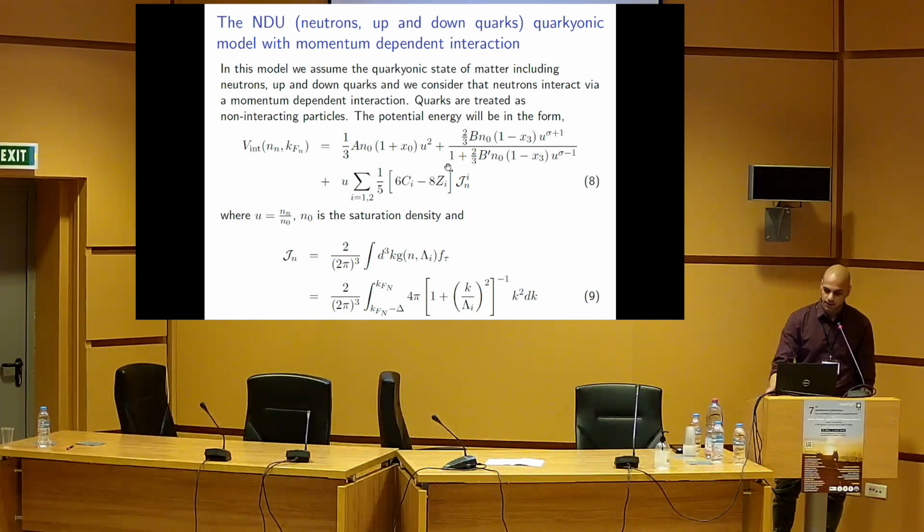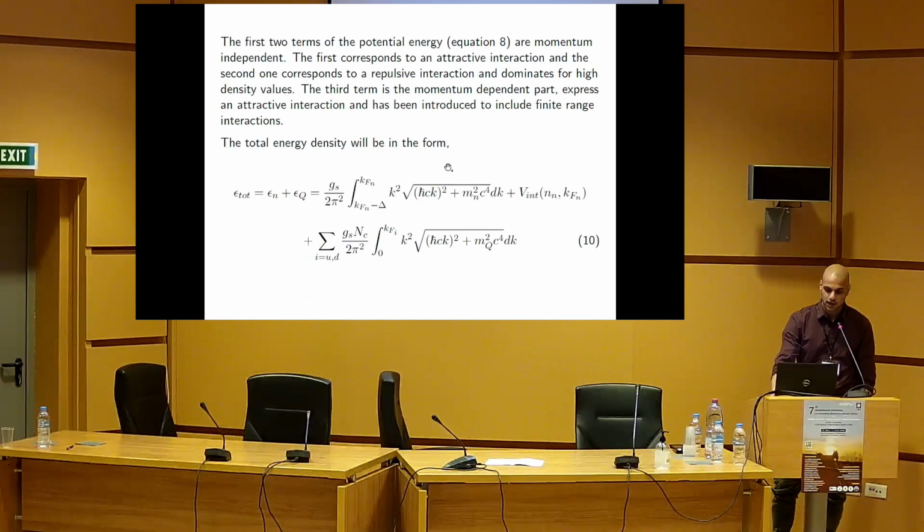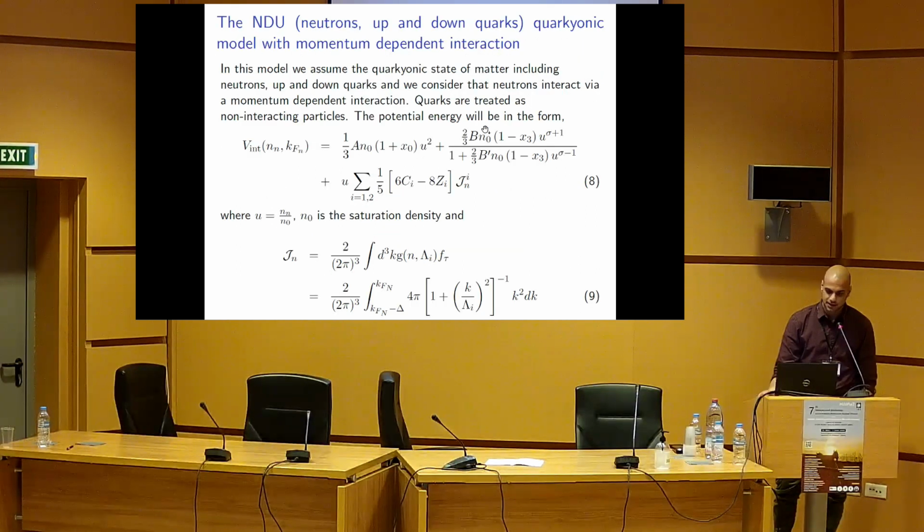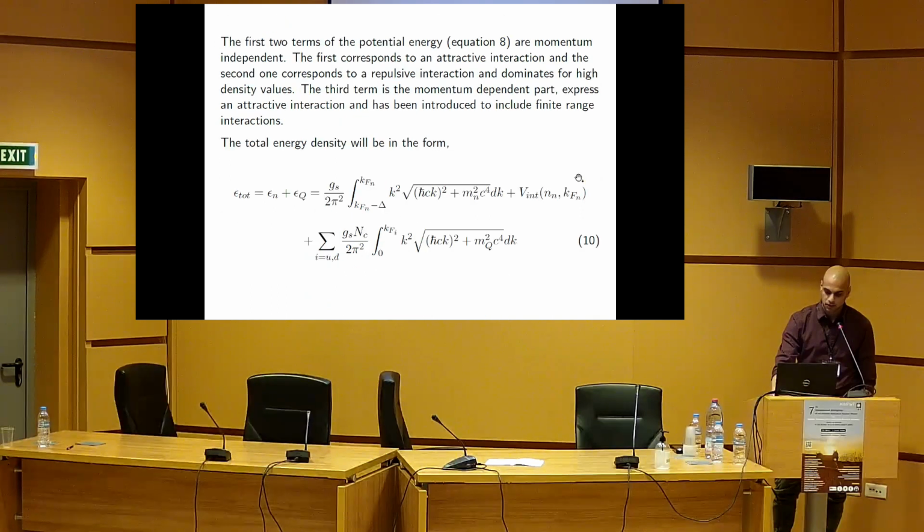Now, each term: the first 2 terms are momentum independent. The first corresponds to an attractive interaction, this term. The second one corresponds to a repulsive interaction, and it's dominant for high values of the density.